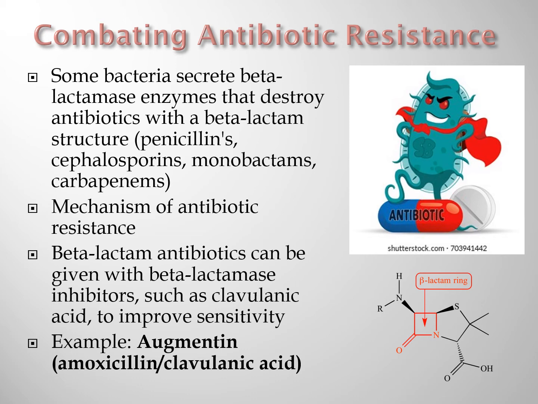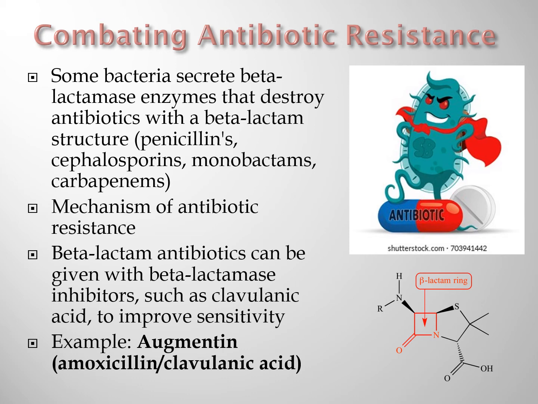Okay, so let's look at this slide, combating antibiotic resistance. So bacteria can produce an enzyme called beta-lactamase. And beta-lactamase is actually the ring, or beta-lactam is the ring of penicillin.